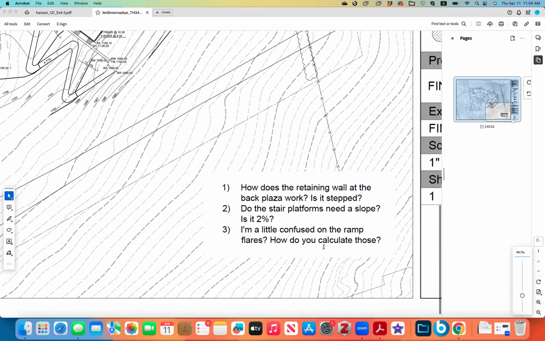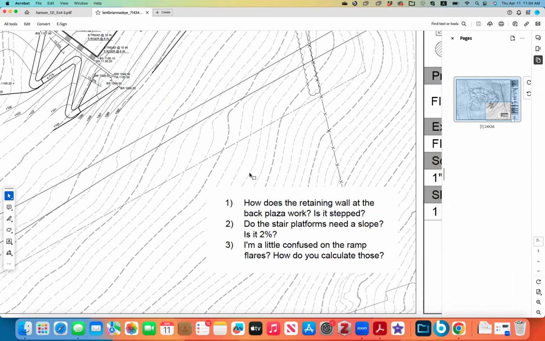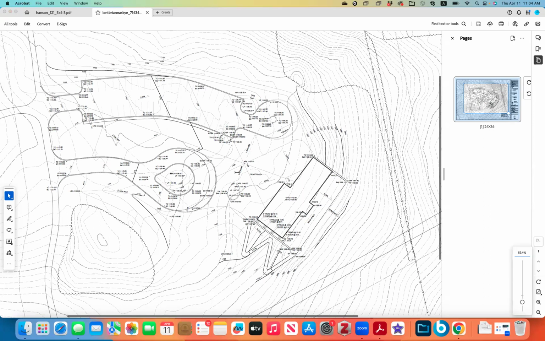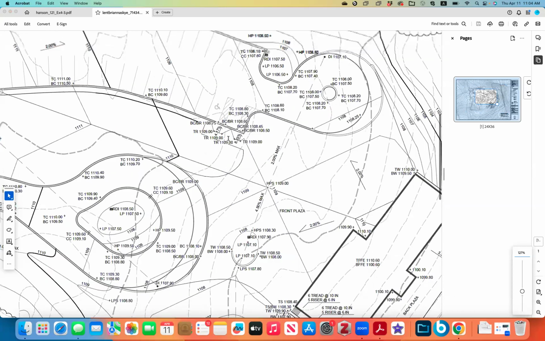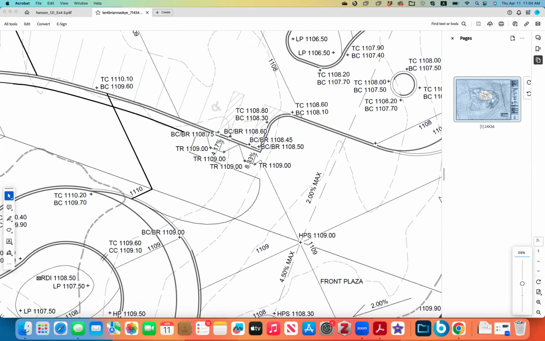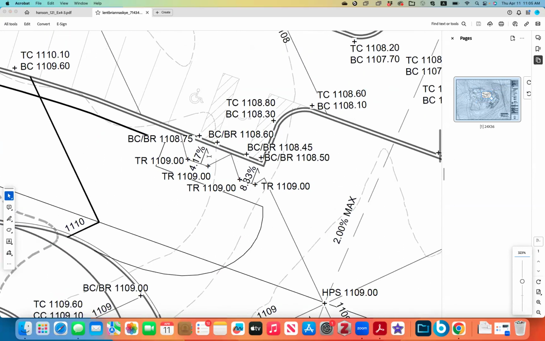Do the stair platforms have a 2%? Yes, correct. Confused on the ramp flares? Okay. You do not necessarily need to calculate the ramp flares. Let's try to find one. Here. For this one, you actually have the right type, which made it so you have to enlarge this sidewalk area to fit it in.